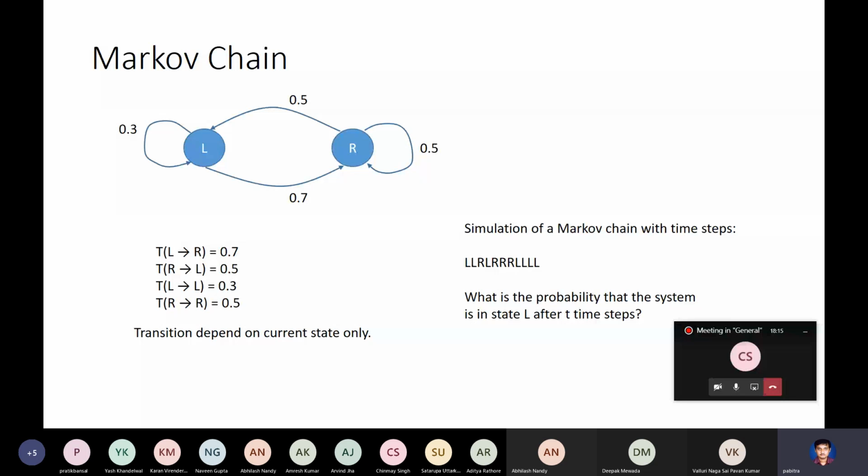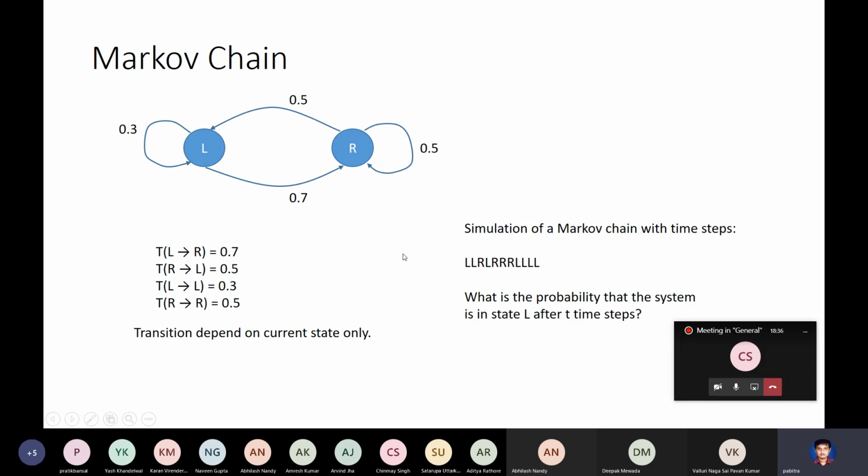We take help of another method, which is known as the Markov chain method. So a Markov chain consists of a set of states, and this set of states may be discrete or countable, maybe few in number, maybe large in number, or they may also be continuous.